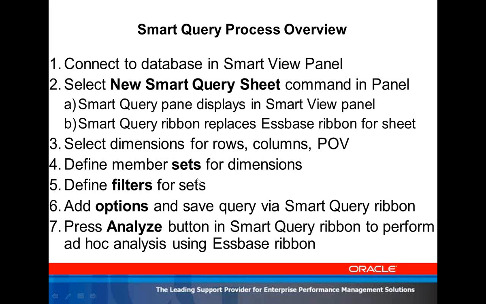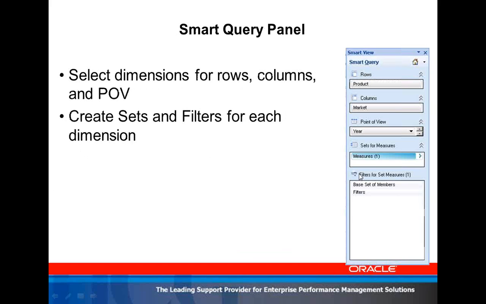And then if you decide, you know what, I'd like to see this in real Essbase land, meaning I want to perform ad hoc operations like zooming and pivoting and so forth, there's an Analyze button in the Smart Query ribbon that will switch over to an ad hoc grid view of that Smart Query and will display the Essbase ribbon, from which you can do things like zooming and pivoting and all those kinds of things.